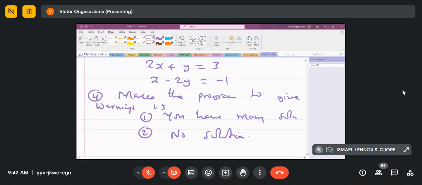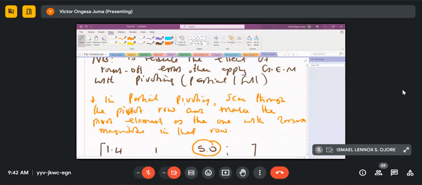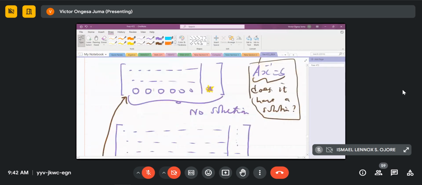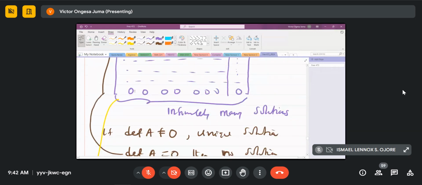So you make the program such that if there is no solution, it will output that there is no solution, or that there exist many solutions. Basically, you make the program and then check these cases. If you obtain this case, then it outputs that your system does not have a solution. And if you have this case, your system has infinitely many solutions. And then you can even say, if you get this, guess a3 to be, for example, 1, and then guess the other one.